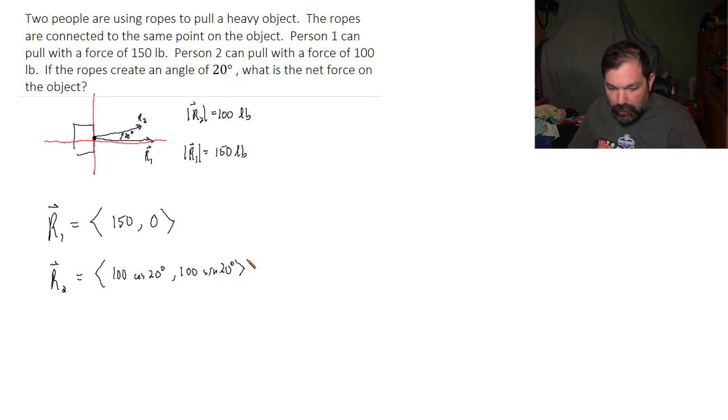And so then if we calculate those, 100 cosine 20 degrees is approximately 94.0, and 100 sine 20 degrees is 34.2. And so I've written R1 and R2 in standard form.